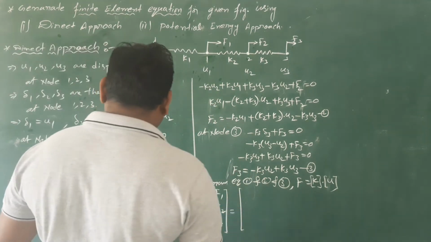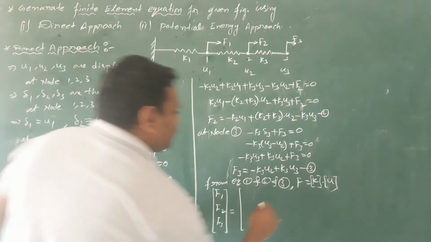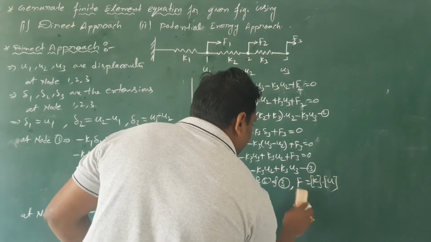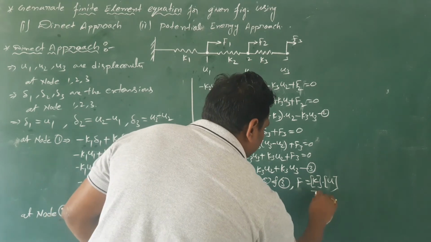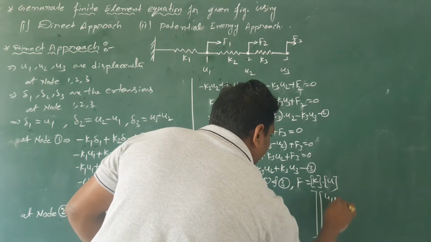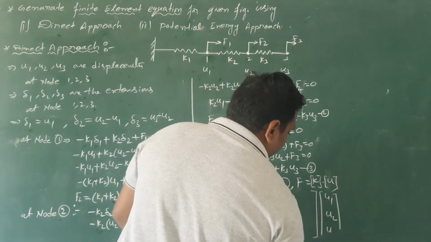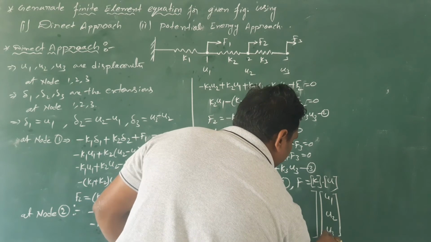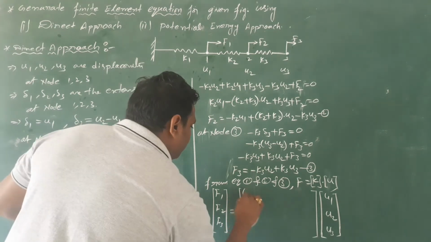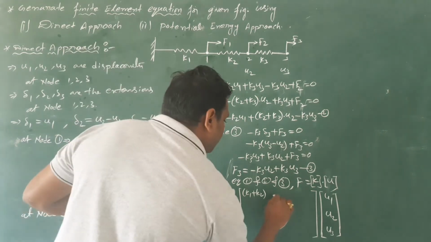So the stiffness matrix, here K1 plus K2 with U1, then U2 and U3. Now write it. The U1 value is K1 plus K2, then minus K2.